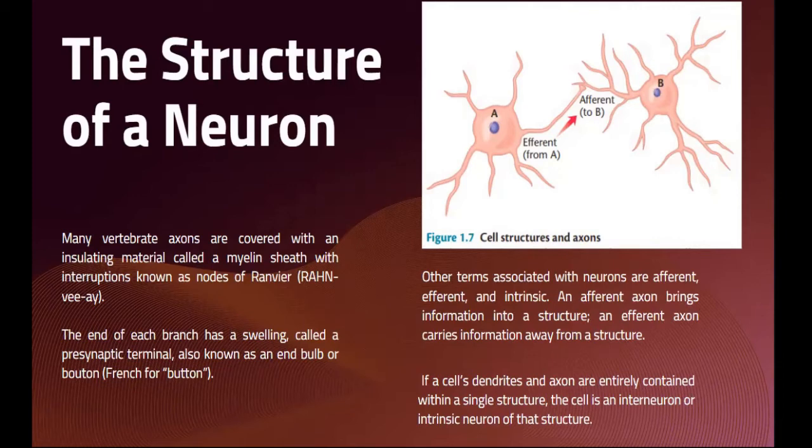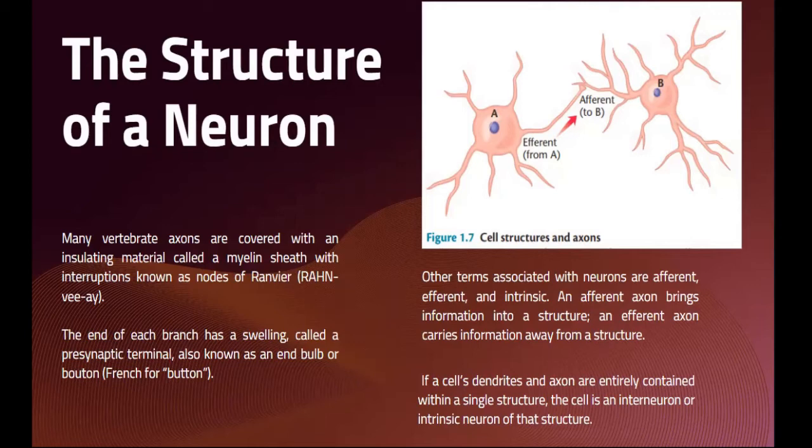Every sensory neuron is afferent to the rest of the nervous system, and every motor neuron is an efferent from the nervous system. Within the nervous system, a given neuron is an efferent from one structure and afferent to another. You can remember that efferent starts with letter E as in exit. Afferent starts with A as in admit.